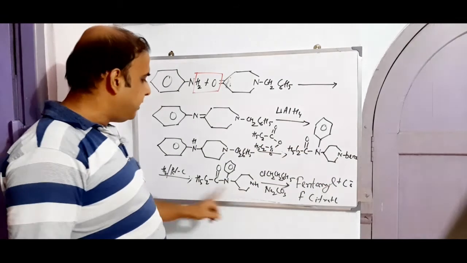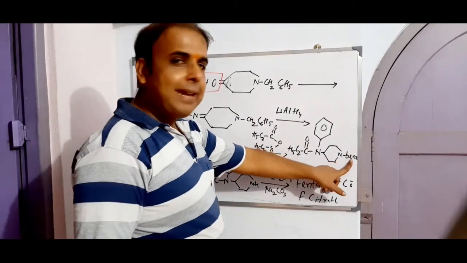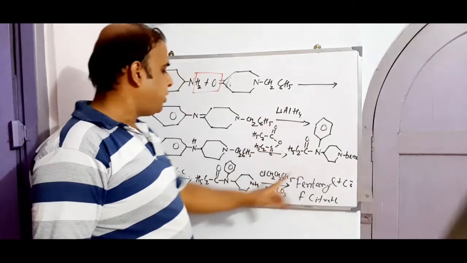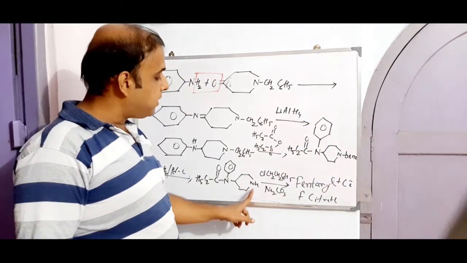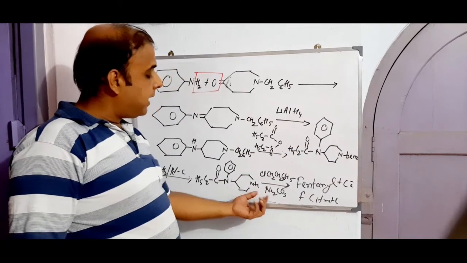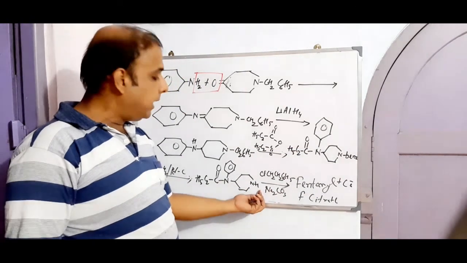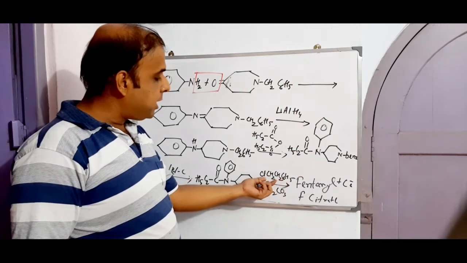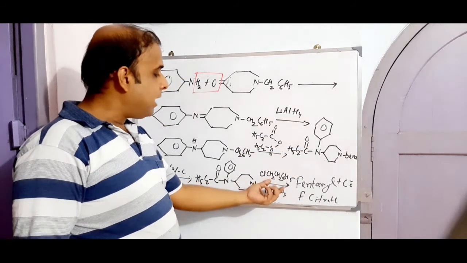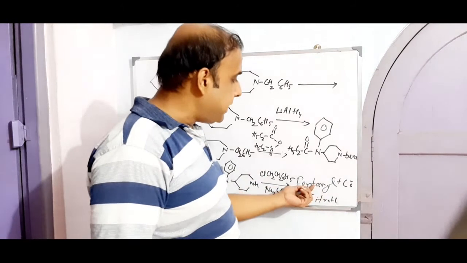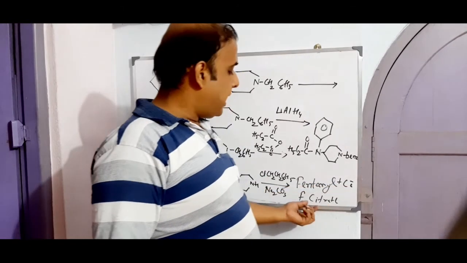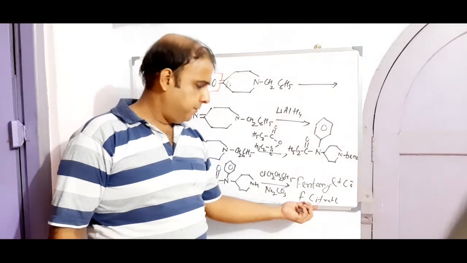So debenzylation took place, and it is the debenzylation that leads to the production of NH. After that, because here we have to insert an aryl alkyl moiety as C6H5, C2H4, then Cl, in presence of sodium carbonate we got fentanyl. And to that fentanyl, we just add citric acid, and thus there is the formation of fentanyl citrate.